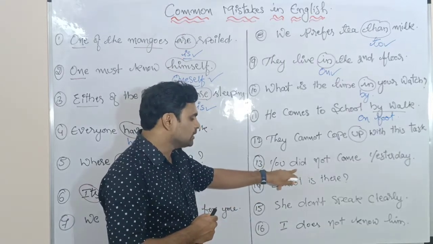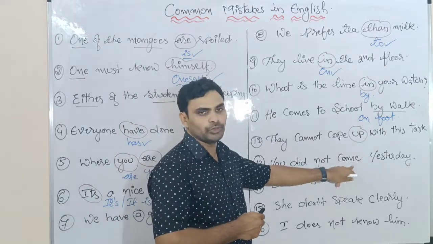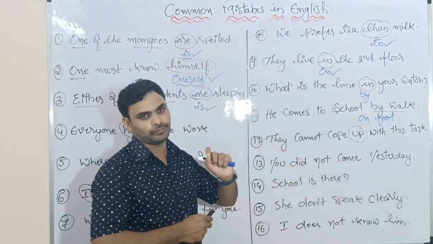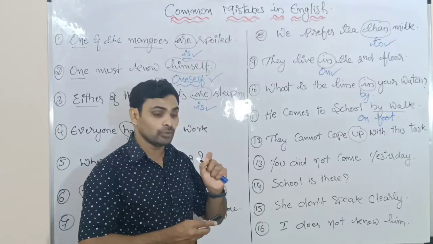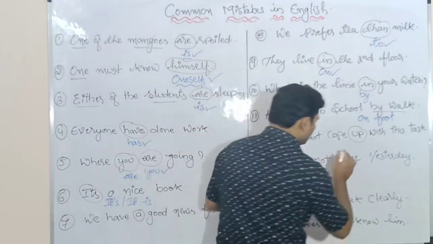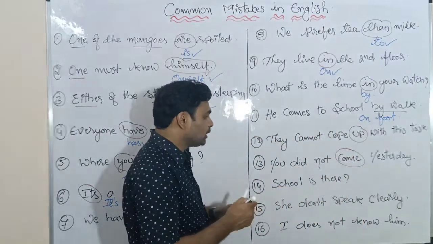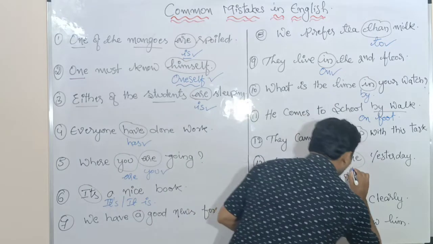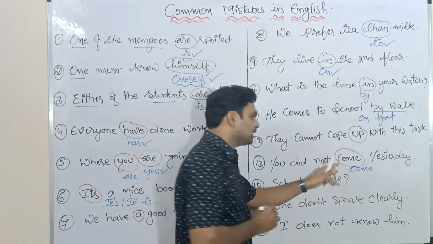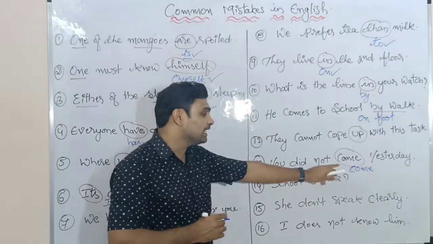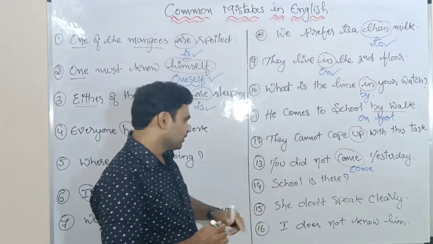So when we use this did, then the next verb should always be V1, not V2. It should be the present verb. So it cannot be came. It should always be you did not come yesterday. Not CAME but COME. Very good.